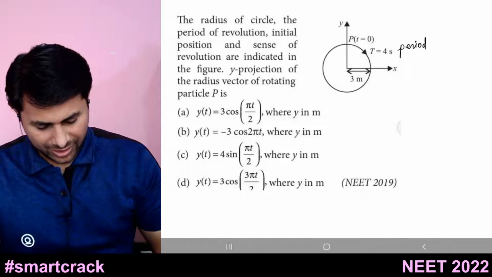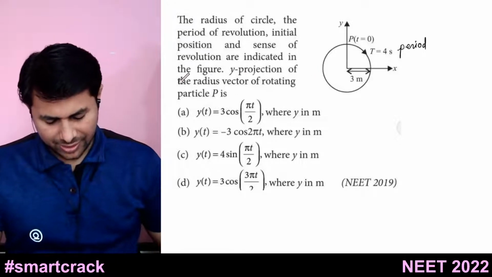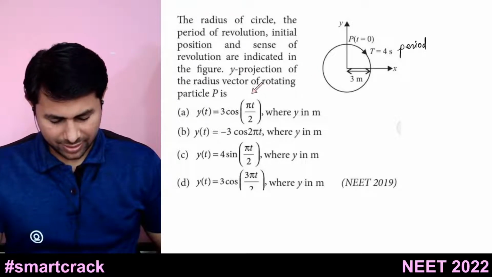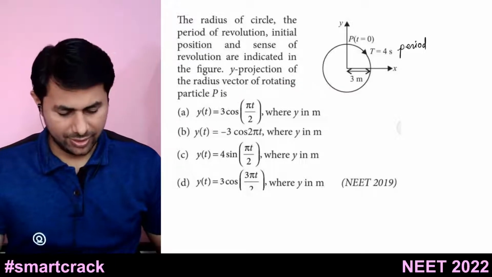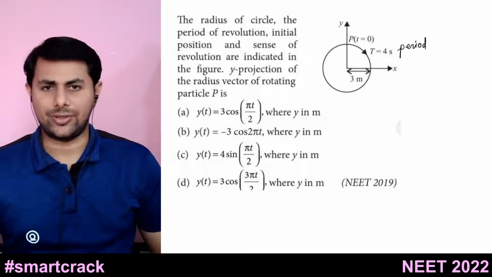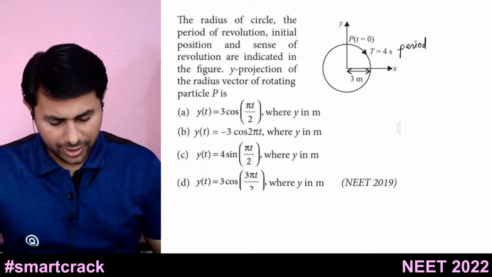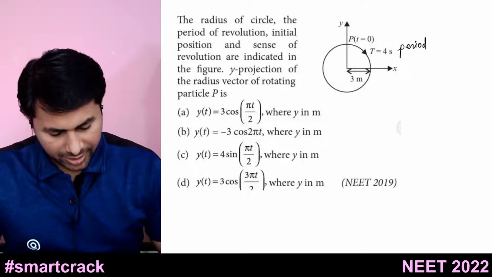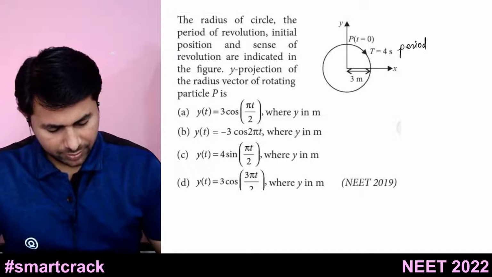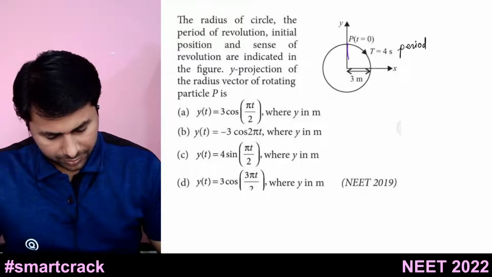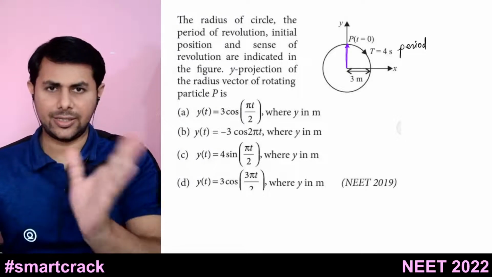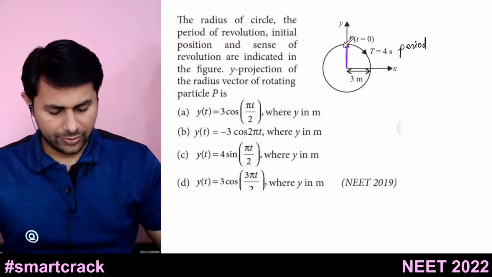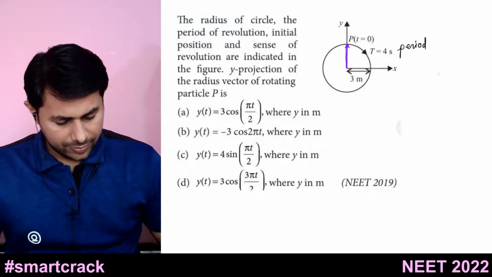Then the y projection of the radius vector of the rotating particle P is, okay, so we want the y projection of this particle. The particle is rotating starting from here in the sense given over here.